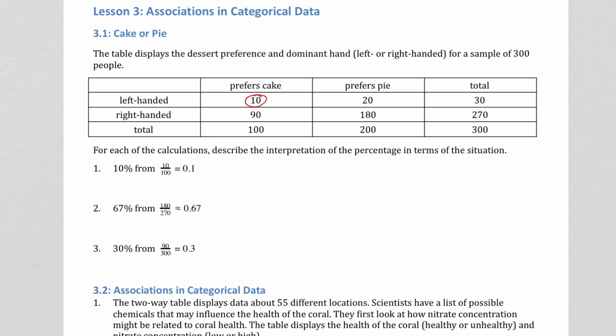Okay, where does the 100 come from? The total that prefers cake.